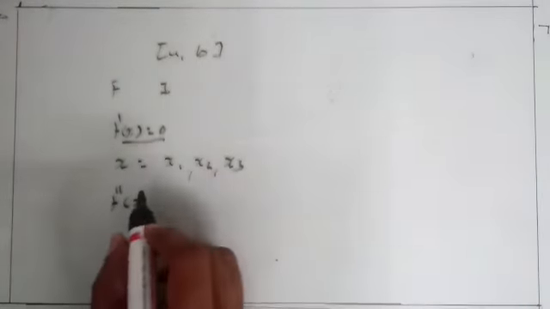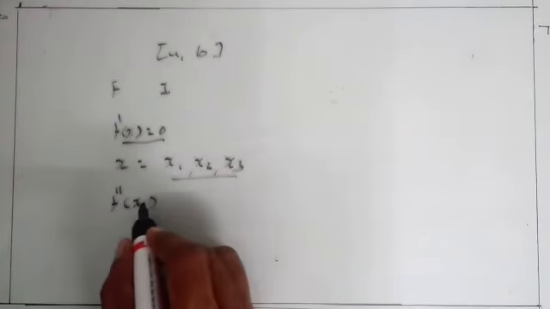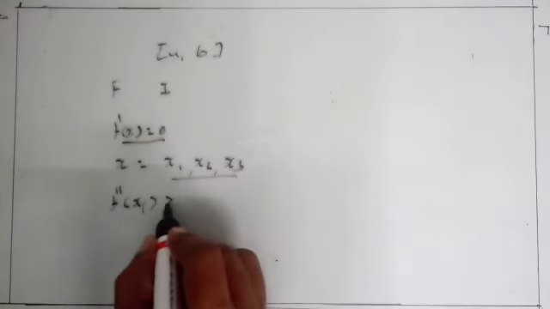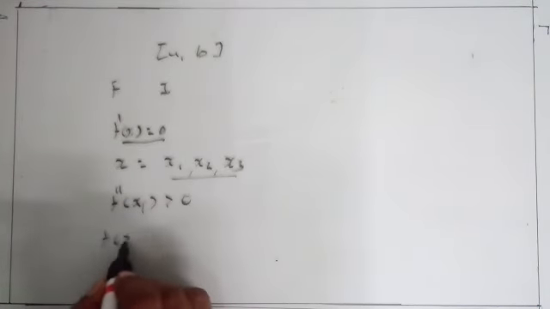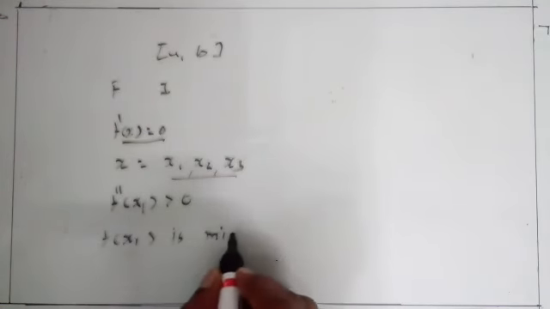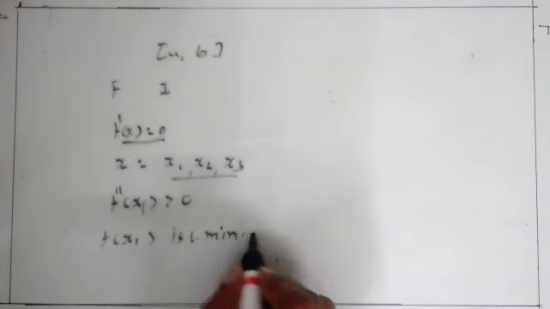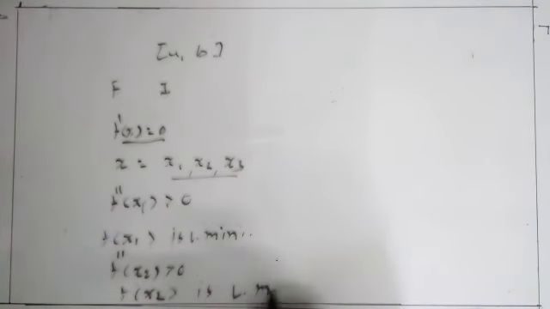Now find value of second derivative at these different values x_i, and if f double dash x1 greater than 0, then f(x1) is local minimum. And if f double dash x2 less than 0, then f(x2) is called local maximum. Clear?